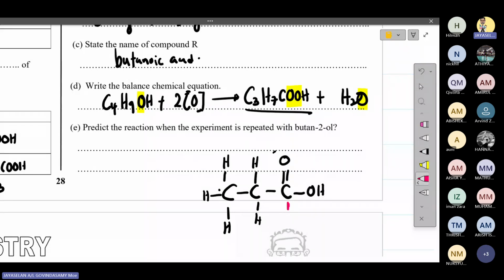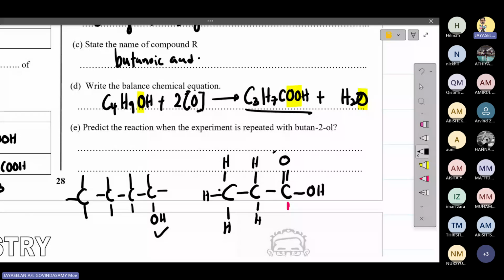The second carbon cannot. Alcohol can, alkene can, but carboxylic acid cannot. So in order to get the carboxylic acid at the first carbon, the alcohol must be at carbon number 1. If it is at carbon number 2, no reaction.